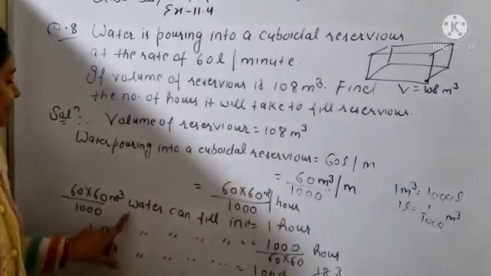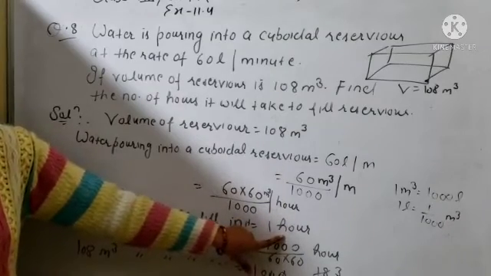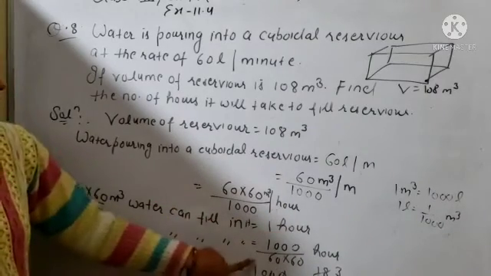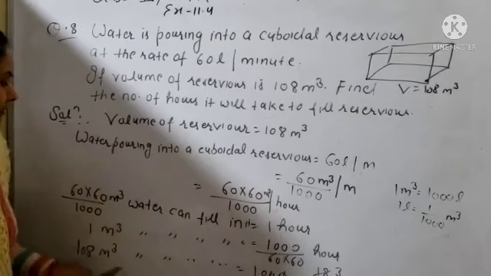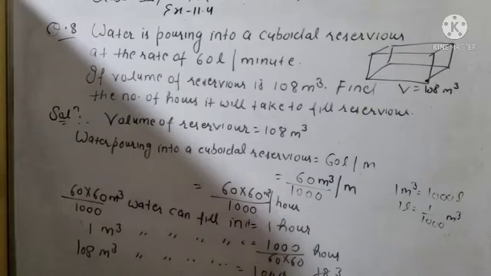Now this much water can fill in how much hour? In 1 hour. So 1 meter cube of water can be filled in 1 upon this one, and 108 meter cube, so multiply by 108. Now cancel out and find out the number of hours. So it will be 30 hours.